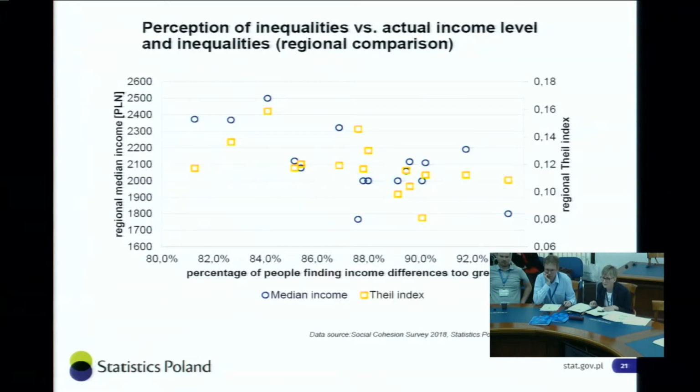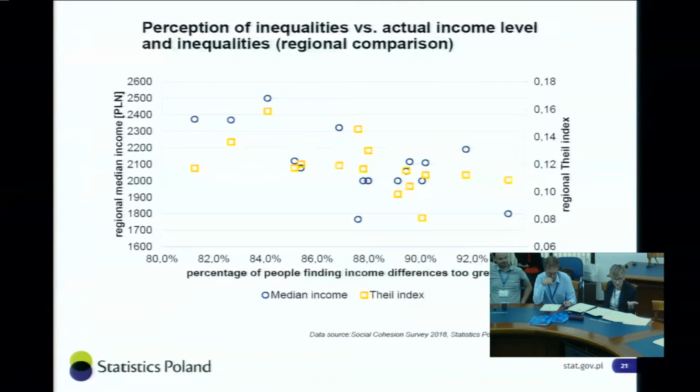The research question was posed concerning whether the greater aversion to income inequalities in some regions is the result of the greater intensity of the phenomenon in these regions, or whether it is determined by a worse income situation.